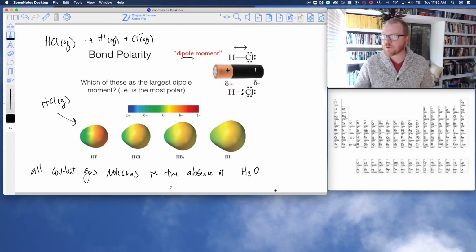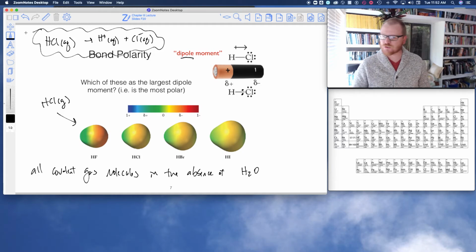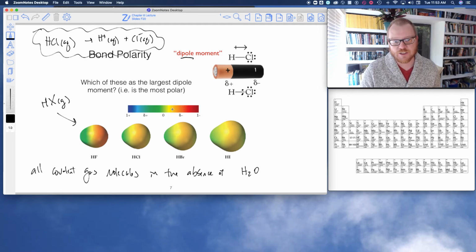However, we should definitely remember our previous chemistry that if I put HCl into a solution with water, it does this. So just recognize that. So which of these, I'm going to write HX instead of HCl, where the X can be the F, the Cl, the Br, or the I, has the largest dipole moment? Well, it's definitely the HF. Hopefully you came to that conclusion, because as you can see based on this color scale, the fluorine is more into this negative scale, and the hydrogen is more into this positive scale.